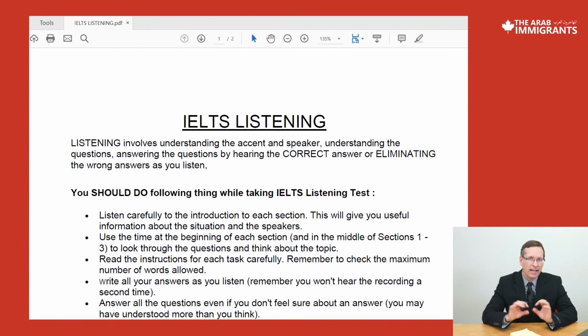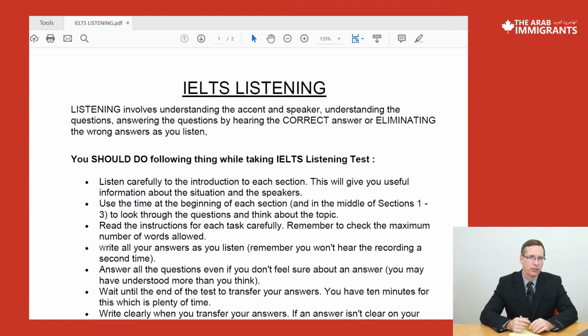The first thing is to listen carefully to the introduction. Each section will have an introduction, such as, this is a conversation between, or this is a conversation about. That will give you a good understanding of what will happen in that section. Is it between 2 people? Is it in a university setting?